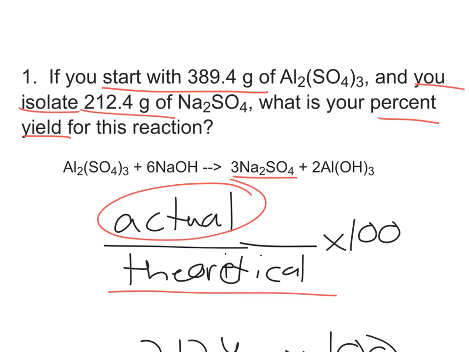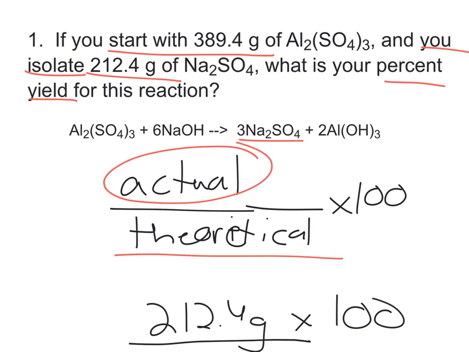Let's look. The only other number in there, besides the 212.4, is the 384.4 grams of aluminum sulfate. All I have to do is convert that aluminum sulfate into how much sodium sulfate I should have made. That's a math calculation. And because it's math, it should give me the theoretical yield.